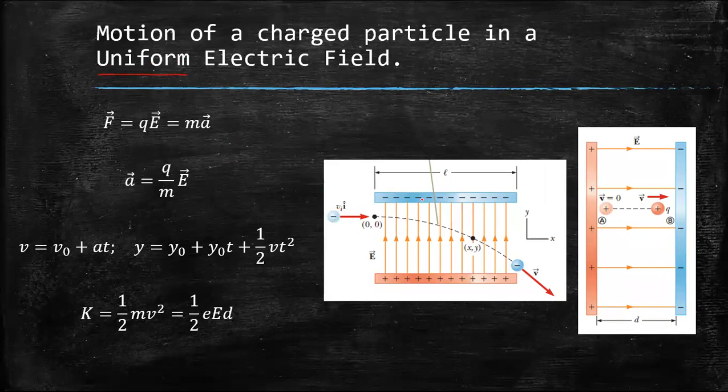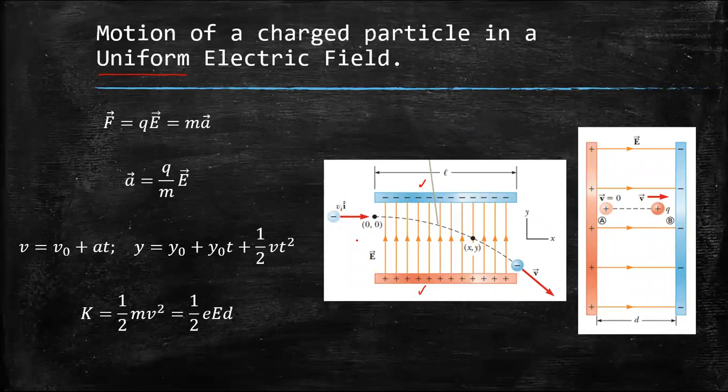So in this case, if we place two sheets with a negative charge up here and positive charge down here, we will have, in between those two planes, the same magnitude of the electric field at all points between them. So this is what we call a uniform electric field.